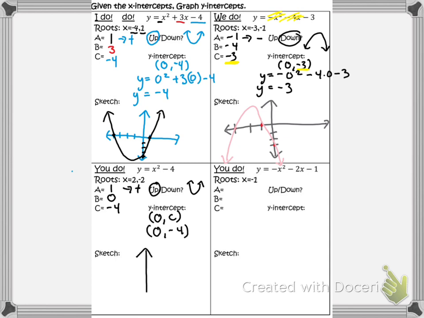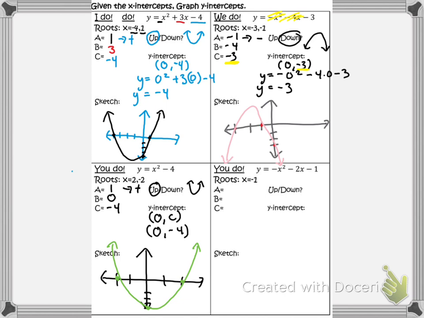Here we go. Our two roots at positive 2 and negative 2. And our y-intercept is at 0, comma, negative 4. Something like that. So your graph will look like this. So here's the first root, here's the second root, here's your y-intercept, and it actually looks like this.